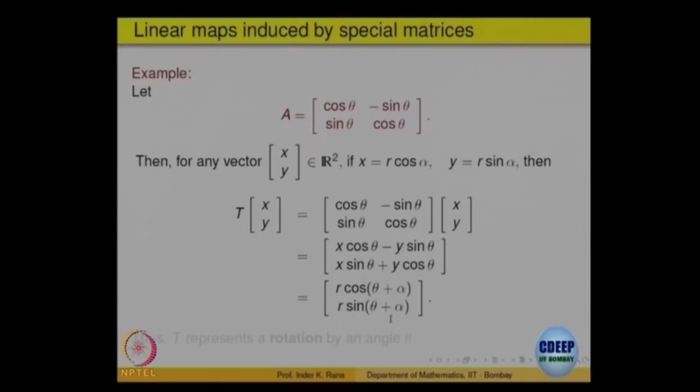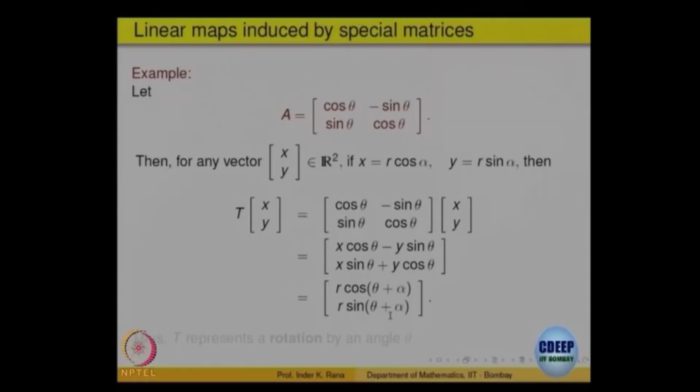So, what has happened? Earlier the point had polar coordinates r cos alpha, r sin alpha. Now r remains the same, the distance of that image from the origin remains the same, but the angle has changed to theta plus alpha.